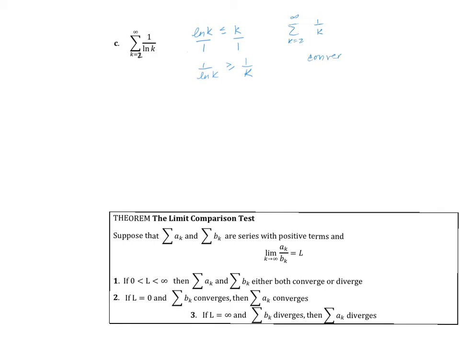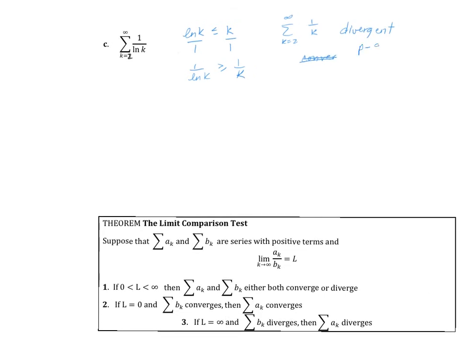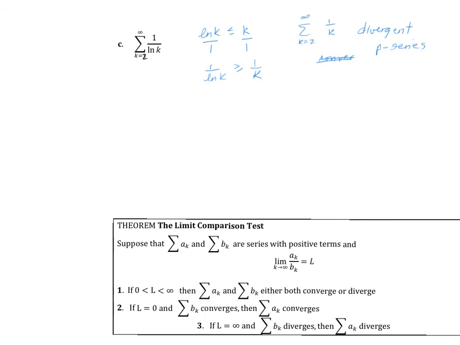But you do have, oh sorry, not convergent, it's divergent. But you do have to state whether it diverges or converges. So divergent p-series, or you could just say divergent harmonic series. And we have our inequality, we have divergent. So this fits criteria 2 of the comparison test. I can conclude that my series diverges by comparison test.